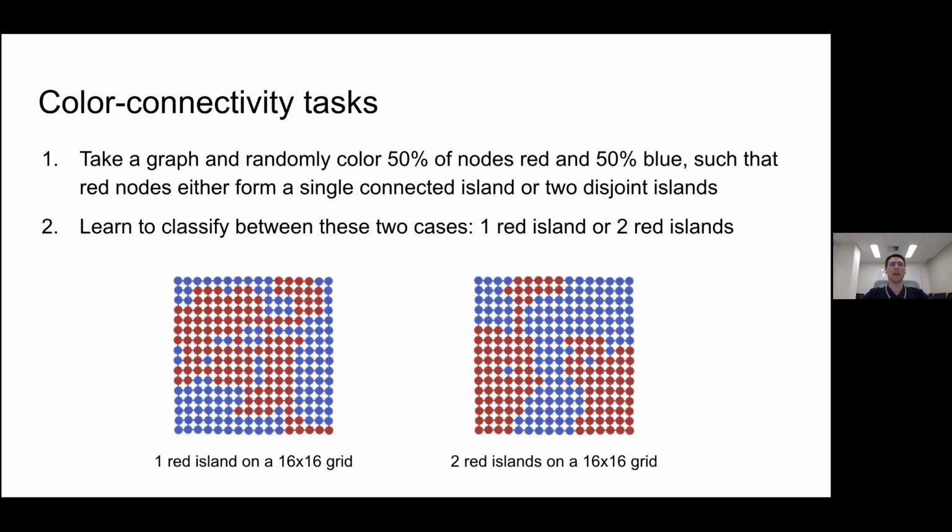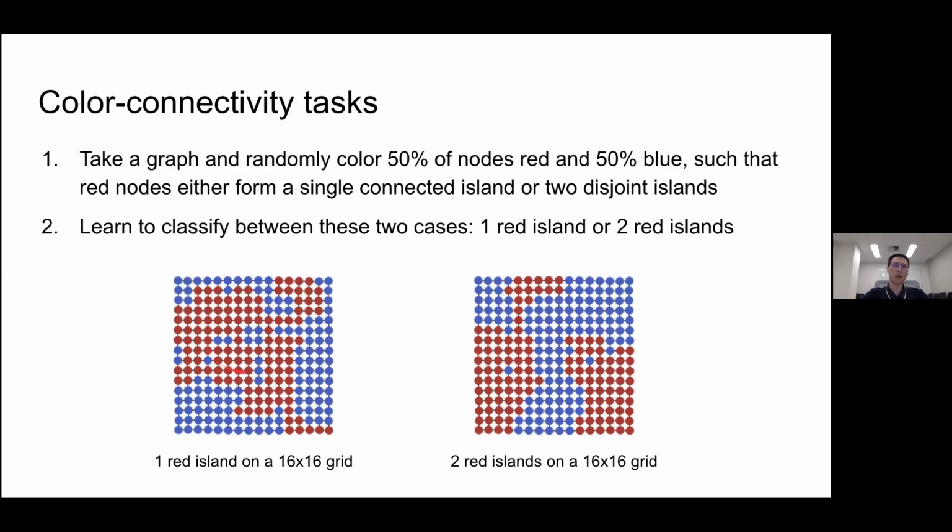or complexities of the data. So we decided to create this color connectivity task, where we take a graph and randomly color half of its nodes red and half of its nodes blue, in a way that the red nodes create one connected island or two disjoint islands in this graph.